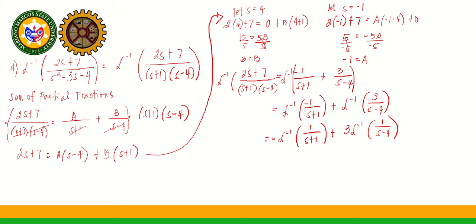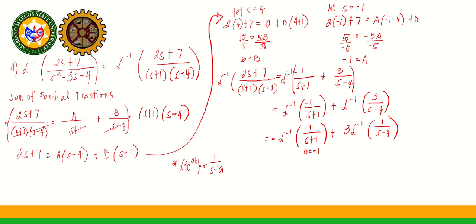Okay, so sa table of Laplace transforms natin, this equation looks like the Laplace transform of e raised to at. So, identify natin yung a natin dito. Recall that the Laplace of e raised to at is equal to 1 over s minus a. So, what is our a here? That is negative 1 since naging positive yan.